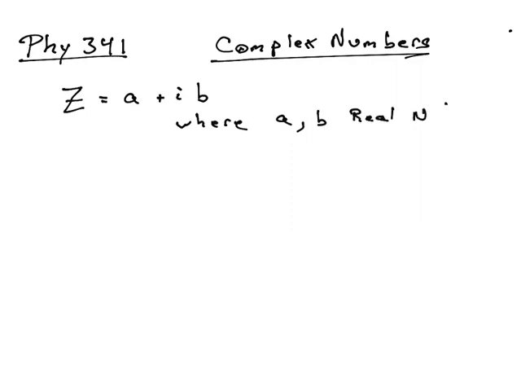So your standard 1, 5, negative 2.37, pi, those are all real numbers. So an example, we can have a complex number being 5 plus 2i, right? And this would be the same as saying 5 plus 2 times the square root of negative 1.